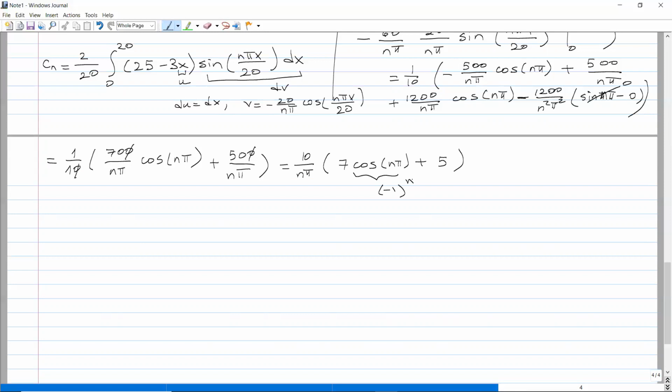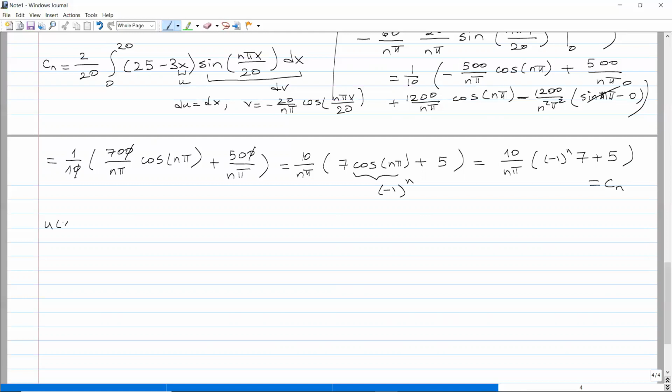So it's 10 over n pi, (minus 1 to the n times 7) plus 5. So if n is odd, it is minus 2, this number. And if n is even, it is 12. But we can leave it like this. So this is our Cn.